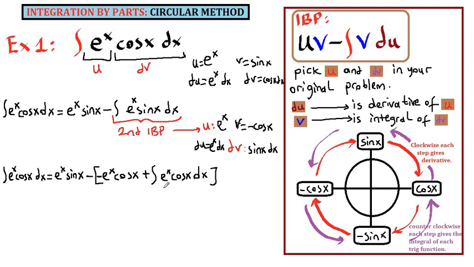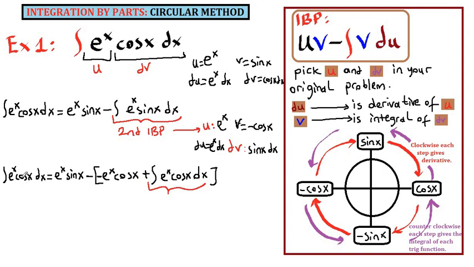Now, here we need another integration by parts. But if you realize, this is our original problem, e to the x cosine x. So we are repeating our original problem.